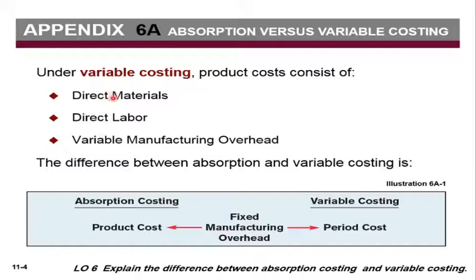Variable costing only considers direct materials, direct labor, and variable overhead, but the absorption costing method considers direct materials, direct labor, variable manufacturing overhead, and fixed manufacturing overhead as product cost.